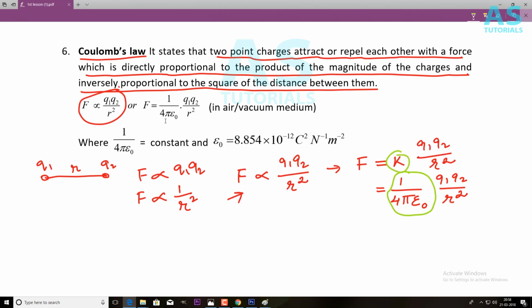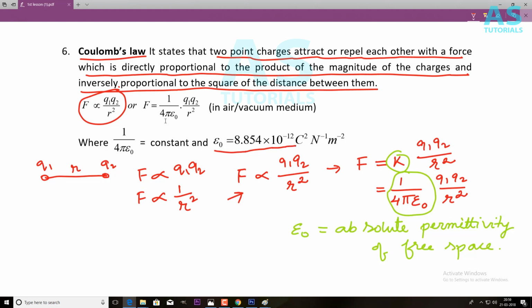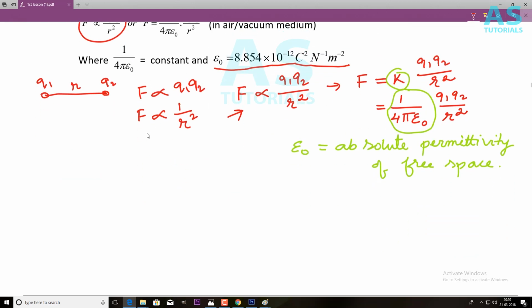This epsilon naught is known as the absolute permittivity of free space. And the value of absolute permittivity of free space is given as 8.854 times 10 negative 12 Coulomb square per Newton per meter square. And let us see how you get this unit here.